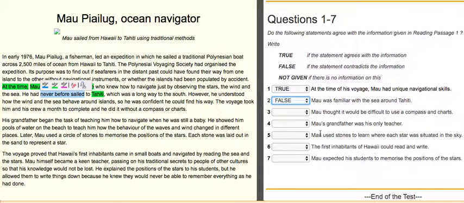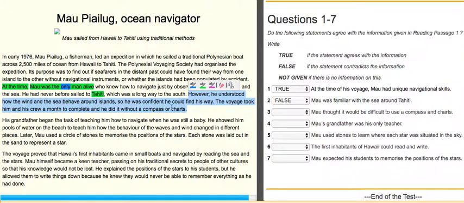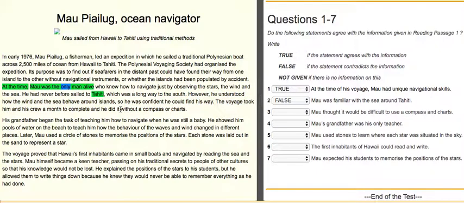On the next one: Mao thought it could be difficult to use a compass and charts. You have to identify the keywords from the statement, then skim for them in the reading. I don't see the word difficult here, but I see compass and charts right here. They didn't mention difficult.